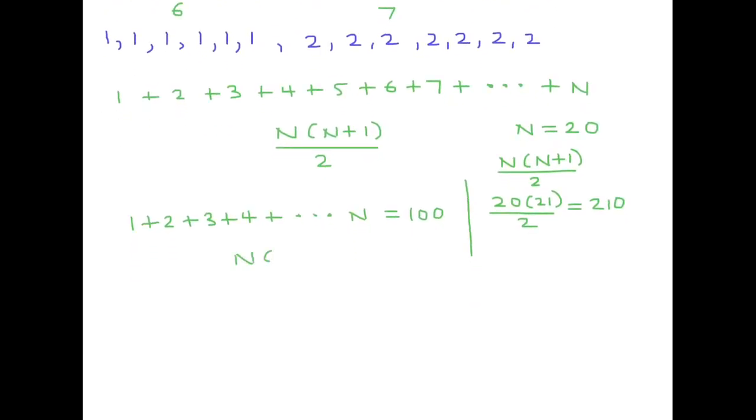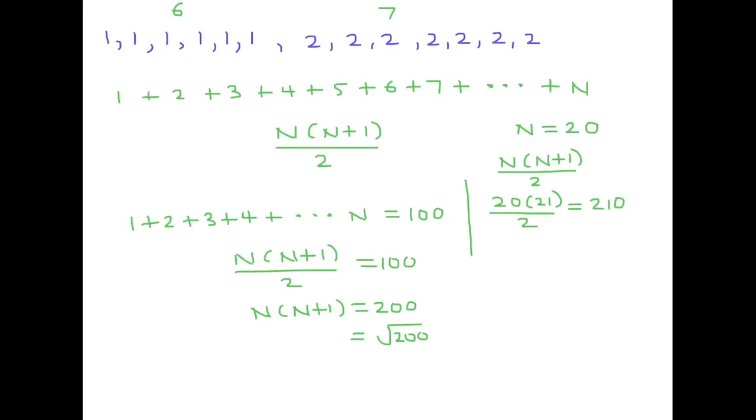So this is n times n plus 1 over 2 is equal to 100, and therefore n times n plus 1 is equal to 200. Now I'm certainly not going to make this into a quadratic equation and solve, but what I will do is I'll just take the square root of 200, and the reason is because n times n plus 1 is very similar to n squared, right? So if I can get an approximate value, I can work with this.